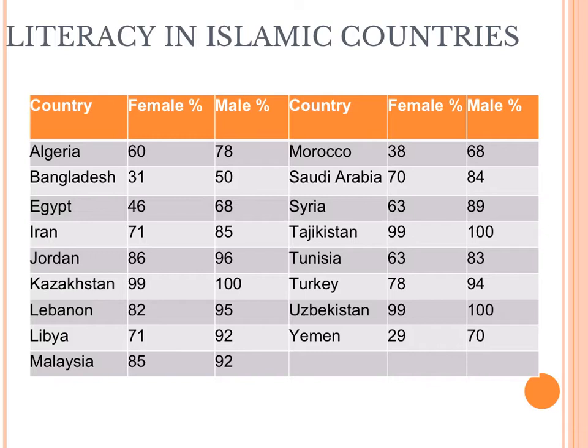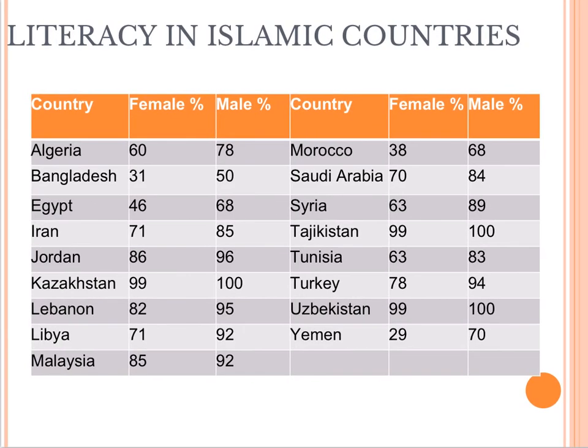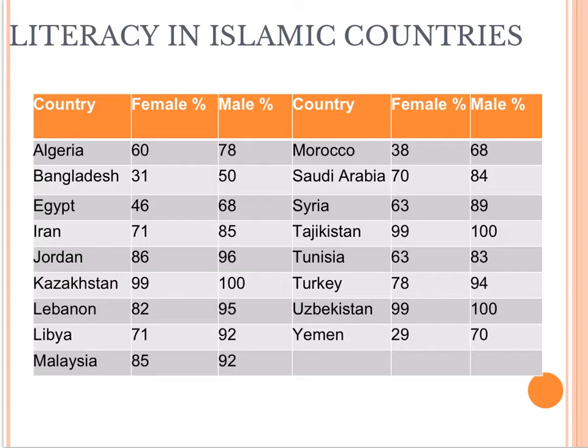So I'm going to look first at that tens place and see what my smallest value is. And it looks like it's a 2 down here at Yemen. Next, I'll look for the largest value in the tens place, and it appears that 9 is as high as those values go. So I know that my stems need to range from 2 to 9.